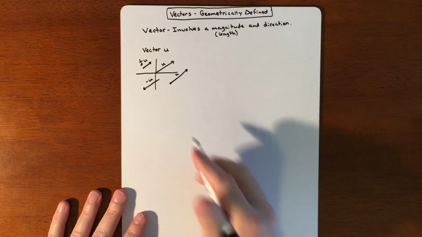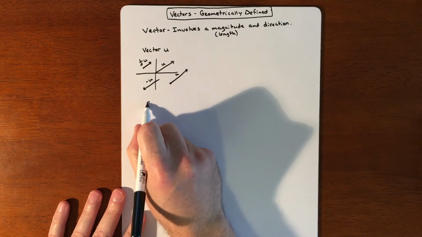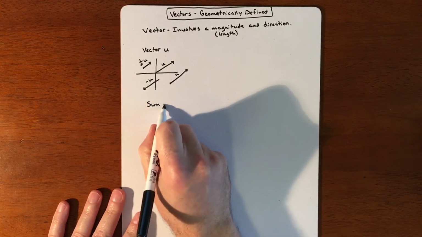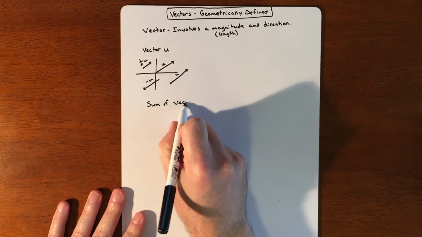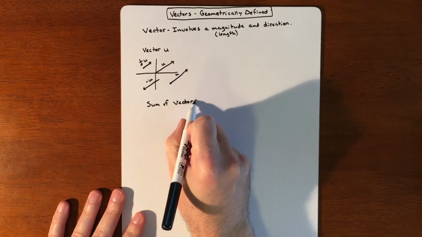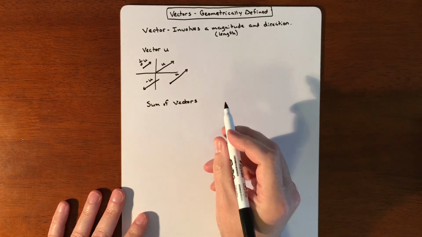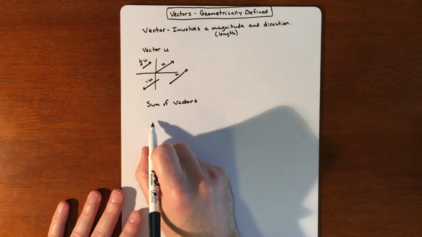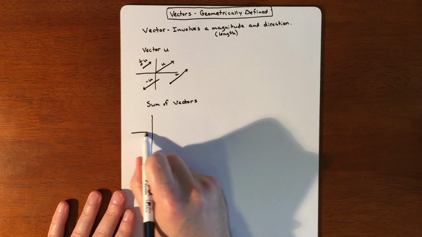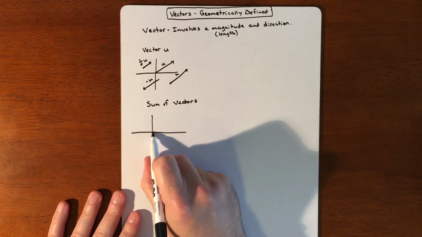So you can add vectors together. The sum of vectors looks like this: if you're going to add vector A plus vector B, we'll draw out what A looks like, and what B looks like.